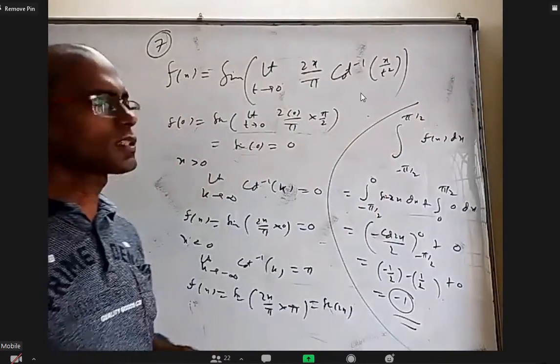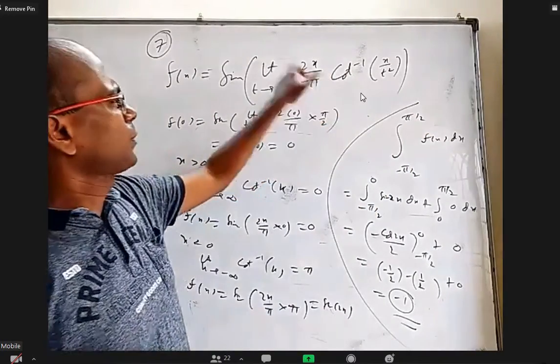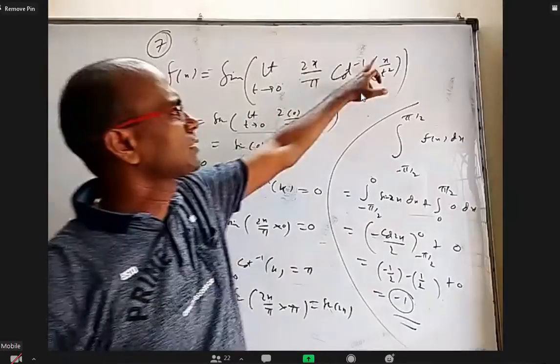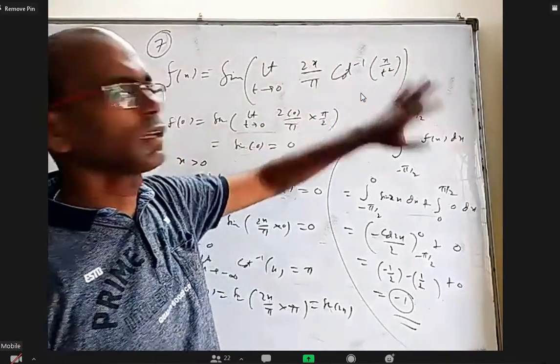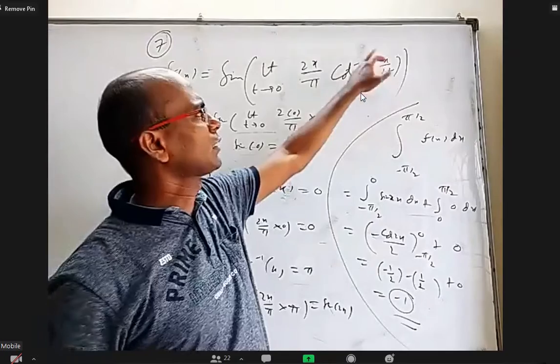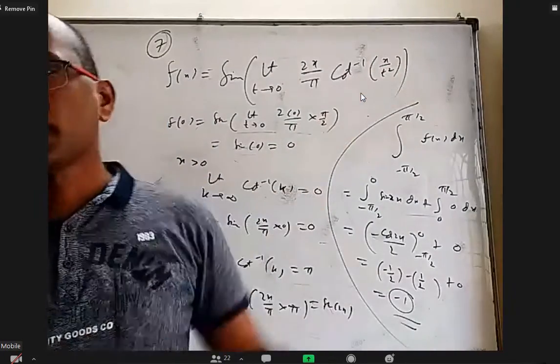So mainly you have to understand this 2x by pi can be taken out of the limit. When x is positive, it becomes plus infinity and cot inverse of infinity is 0. And when x is negative, it becomes minus infinity and cot inverse of minus infinity is 1.